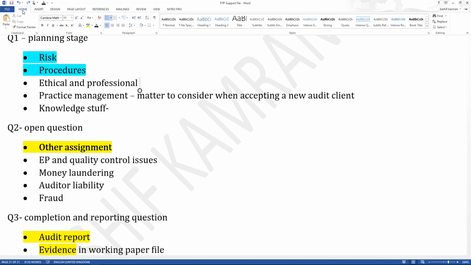So, how much confidence do you have on question one as of today? How much confidence do you have on question two? How much confidence do you have as of today on question three? If you do this analysis, it will give you a very good timetable setting strategy. You can set a very good timetable for yourself after you do your analysis of where you stand in terms of the three questions.